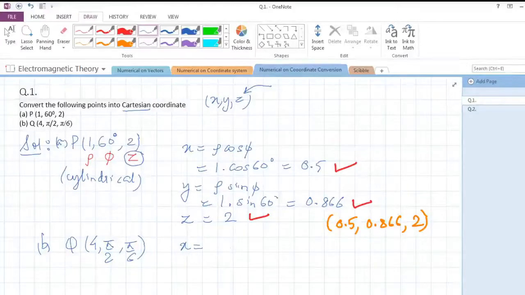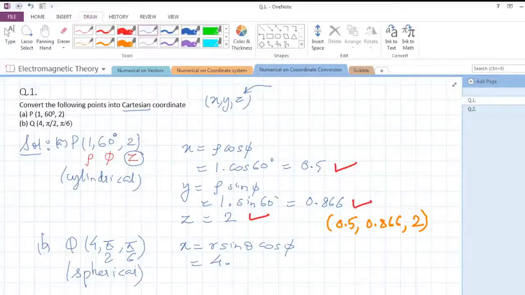Since the point is in the spherical coordinate system, the formula for x is r sin theta cos phi. So r is given as 4, multiplied by sin theta, which is sin pi by 2.